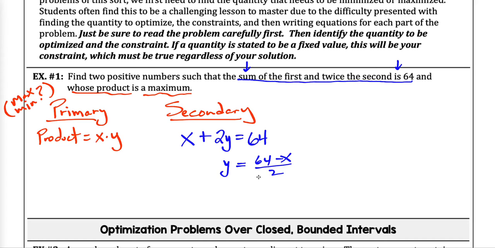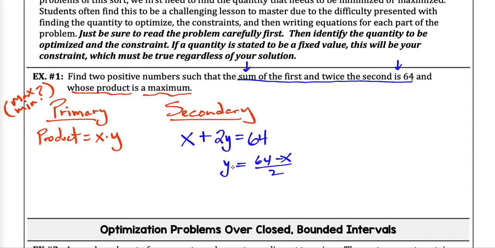I'll just leave it for anybody, if you're not sure, that's fine. How would this help us? Then you could plug it in for y. Oh, okay, so substitute it. Yes. So our secondary equation information, we're always going to use to help us solve the primary. Generally, that means make the primary into one variable.